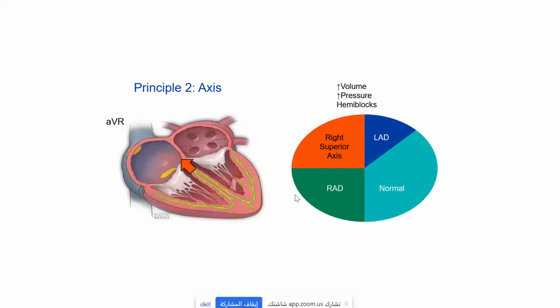The second principle to detect whether it is VT or another kind of wide complex tachycardia is to look at the axis. If the rhythm comes from the ventricles, usually the axis will be from down to up. That means it is a right superior axis, or northwest axis.